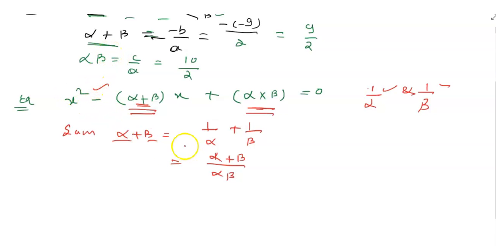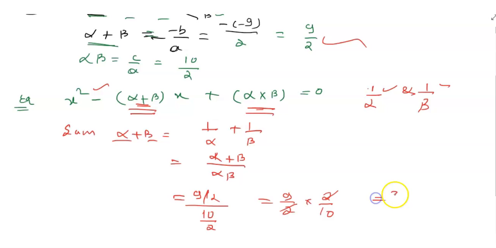Alpha plus beta is minus b upon a, and I have got that answer also. What is alpha plus beta? 9 upon 2, I have calculated in the upper part. What is alpha beta? 10 upon 2. So this will become 9 upon 2 into 2 upon 10. This 2 cancels out. Here I will get 9 upon 10.